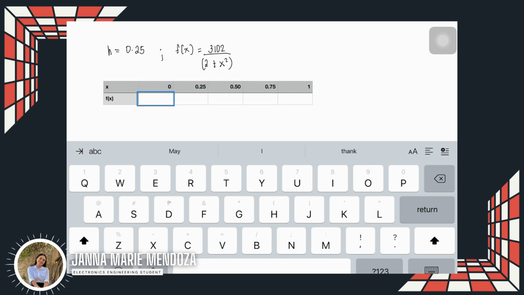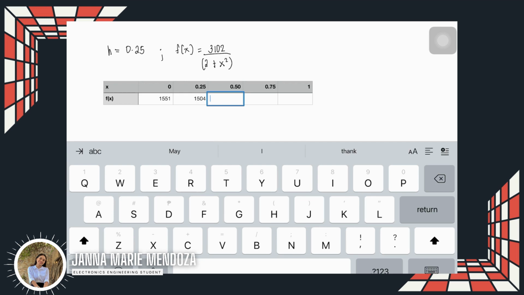For the f of x, we could see that the function is f of x equals 3102 over 2 plus x squared. So what we're going to do is just substitute the x in the equation to get the value of f of x. Therefore, when x equals 0, f of x is equal to 1551.